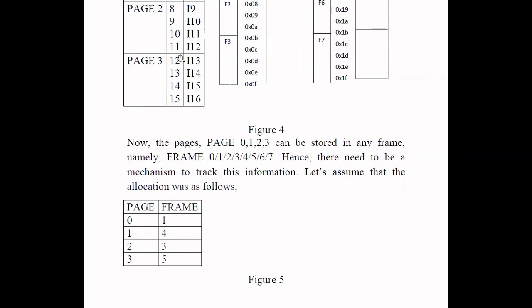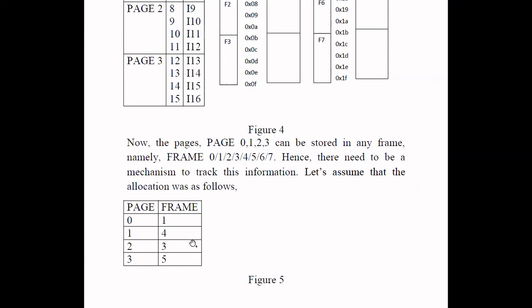Second, after the pages have been placed into the frames, the system should have some methodology to identify the physical memory address. As I told you, the logical address is not the same as the physical address. It's entirely different. So there should be some mechanism for the operating system to determine this physical address. To understand this concept, we'll take an example and analyze the concepts behind it.